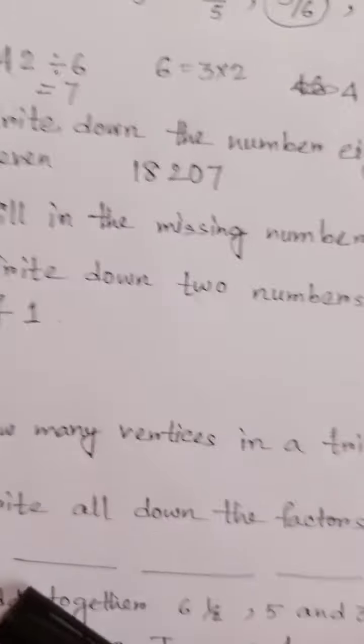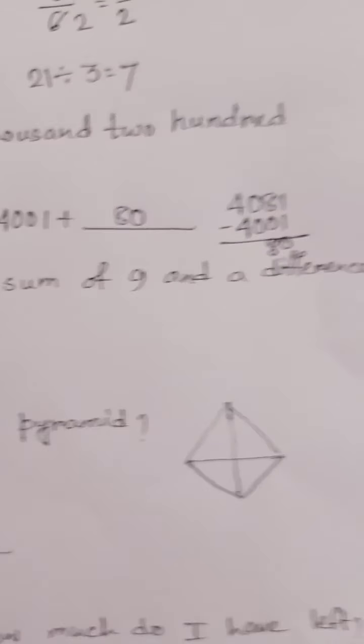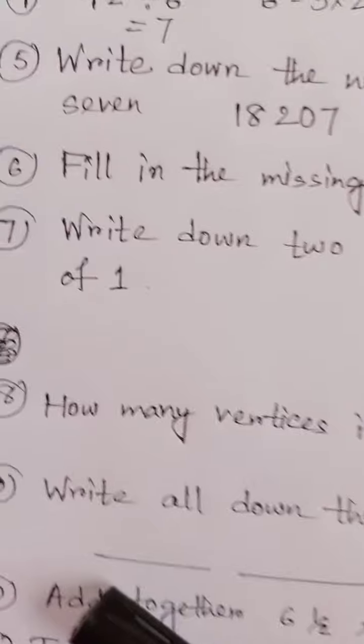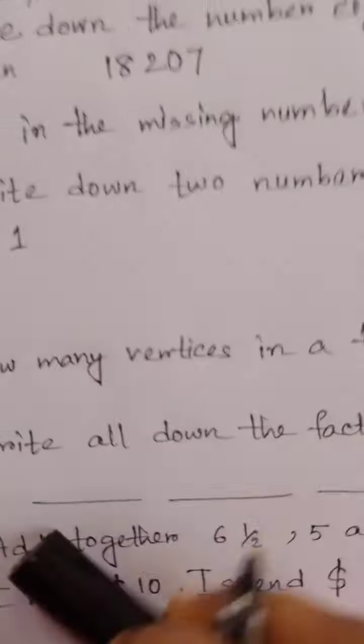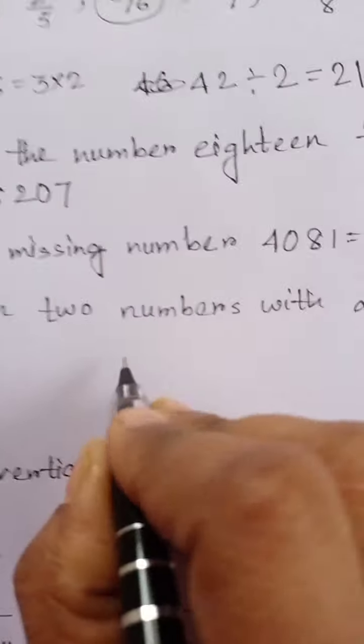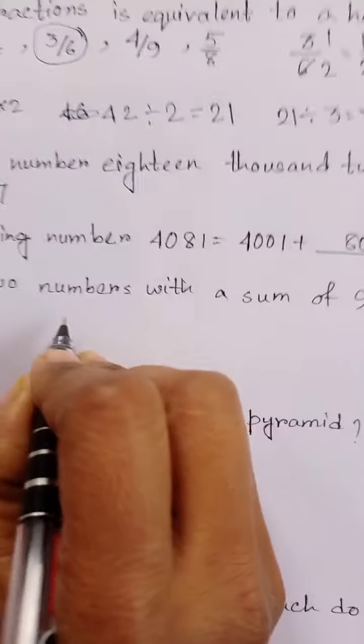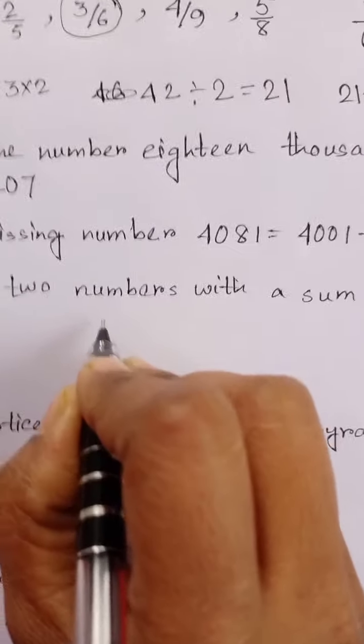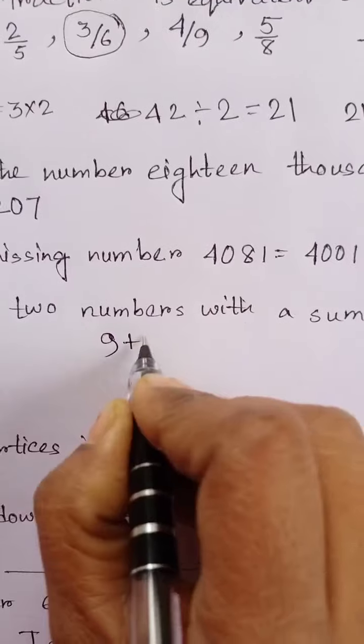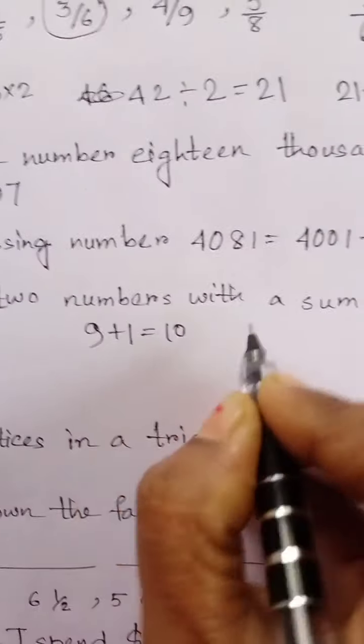Number 7, write down two numbers with a sum of 9 and a difference of 1. So at first we have to add the sum and the difference of two numbers. So 9 plus 1 is equal to 10.